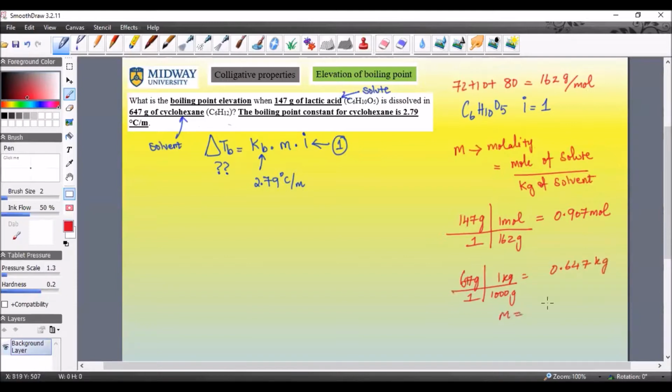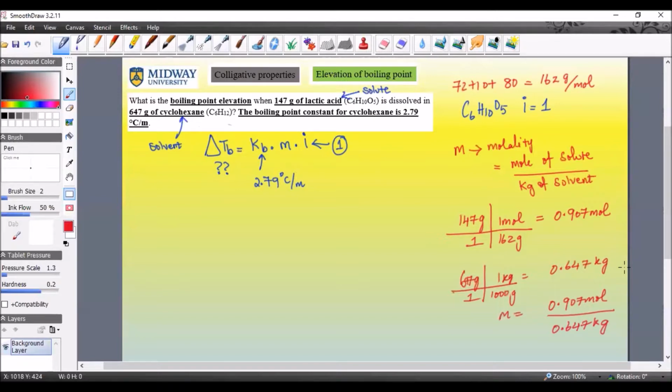So molality would be 0.907 moles over 0.647 kilograms. Now, is this new? No, we have learned this, but we are applying the idea of molality in the context of the elevation of boiling point.